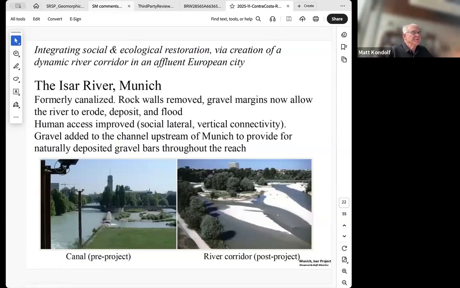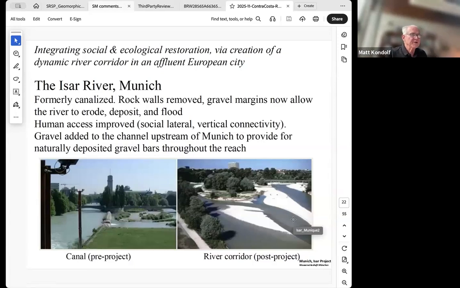Well, that was changed in the first decade of the 21st century. Big restoration project undertaken, and the river was widened. The banks were made erodible. Gravel was added upstream of the city because before it had been gravel starved because of dams upstream.